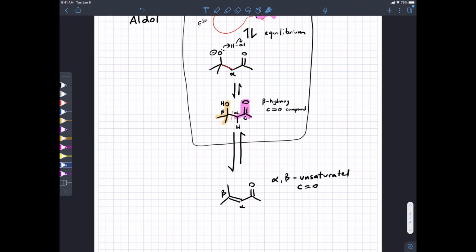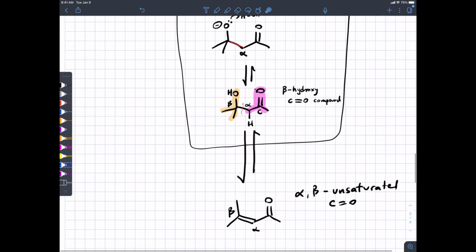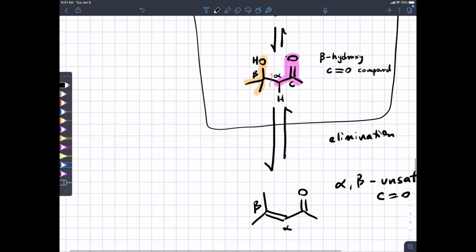How do we get to the elimination or dehydrated elimination product? The mechanism here is kind of interesting. It is an elimination reaction, but it's not E2 and it's not E1. What happens is that it's fairly fast to remove the proton on the alpha carbon, in part because it's alpha to the carbonyl compound.